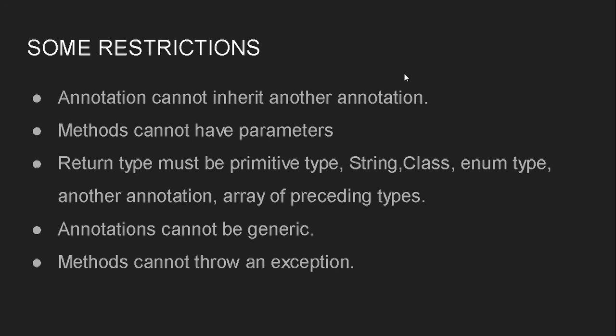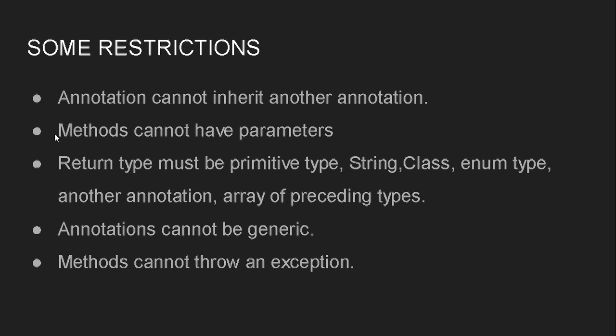An interface can extend another interface, a class can extend another class, a class can implement an interface, and even an enum can implement an interface, but an enum cannot extend a class, remember. But an annotation cannot inherit another annotation. So this is the first restriction.